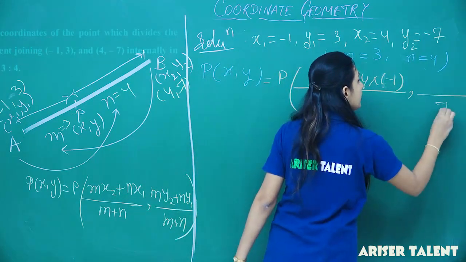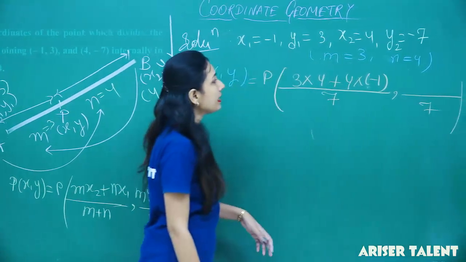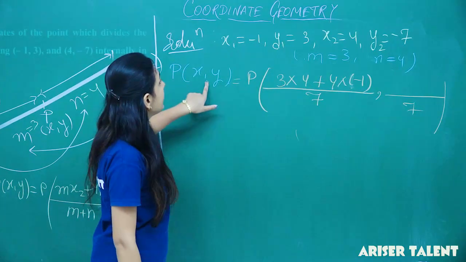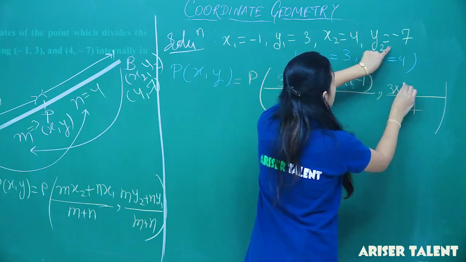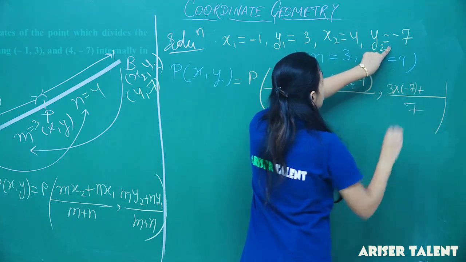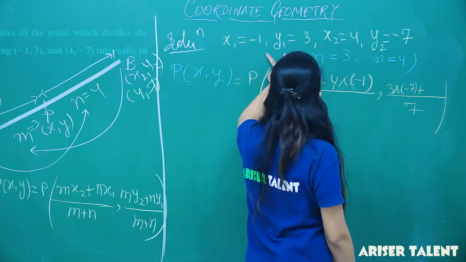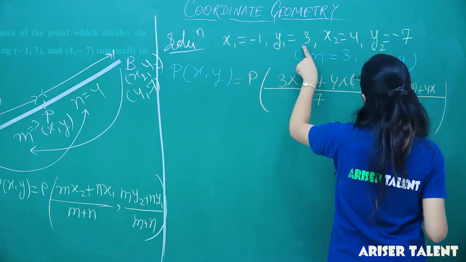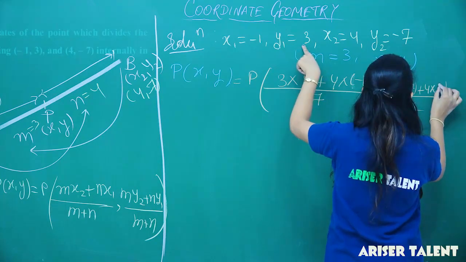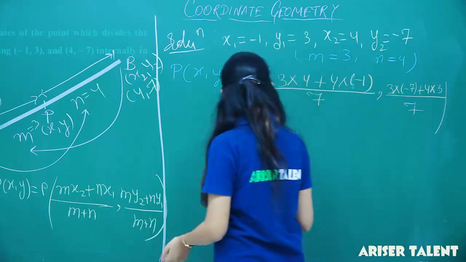Now, again 7 here because that will be M plus N either way. So, that will be y, M y2 is -7 plus N which is 4 and y1, right, that will be 3. So, I have to just calculate it.